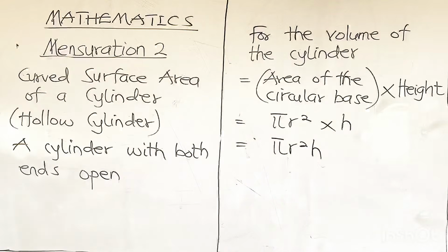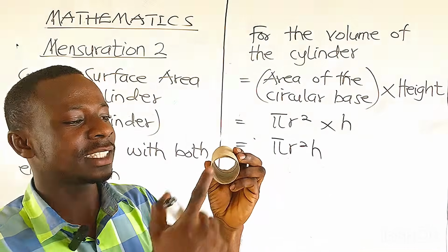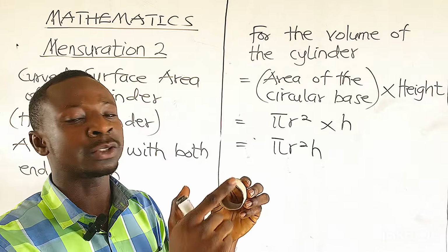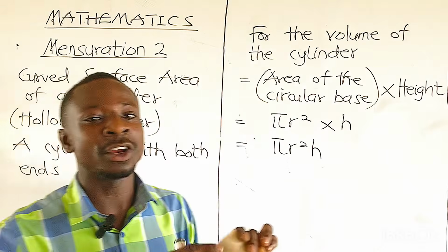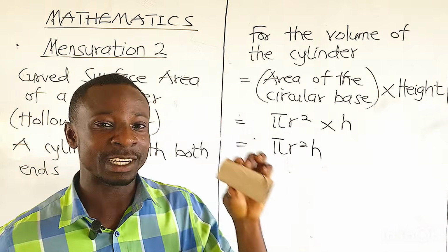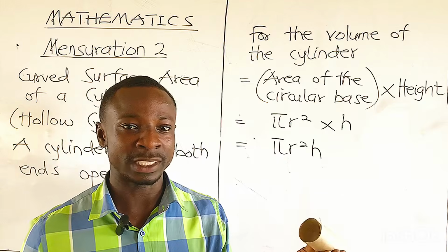An example is the paper we have within a toilet roll. You could see that this side is open and this side is also open. So you can use your eye to look through it, like viewing something. Some kids used to play with these papers.